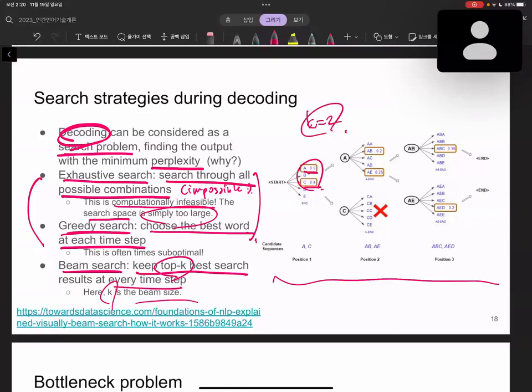So we take A and C, and also take the two highest words, AB and AE, and here AB and AE, AED and ABC are the top two results, so we take these two results.